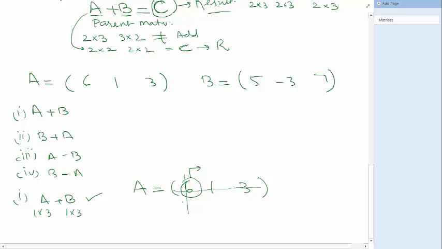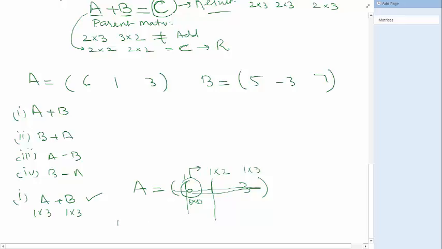So we can say that the address of this entry is 1 by 1. Remember, the method of writing the address is the same as that of the order. Means we write first the row number and then the column number. So this 1 lies on the intersection of the first row and the second column. So we can say 1 has an address of 1 by 2. Similarly, 3 has an address of 1 by 3.